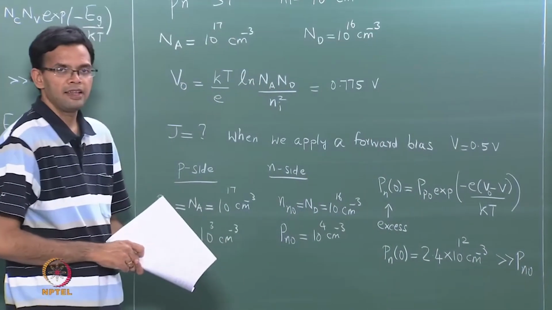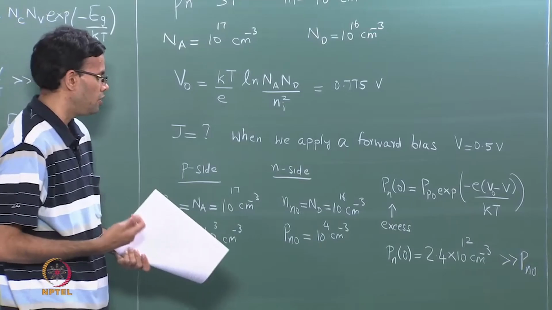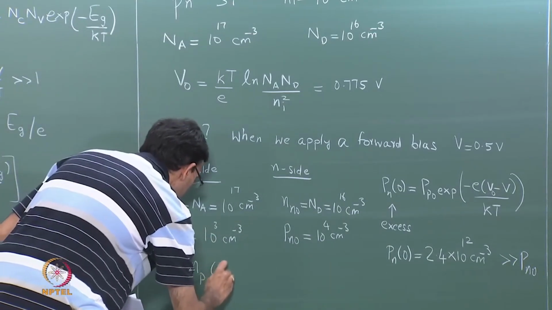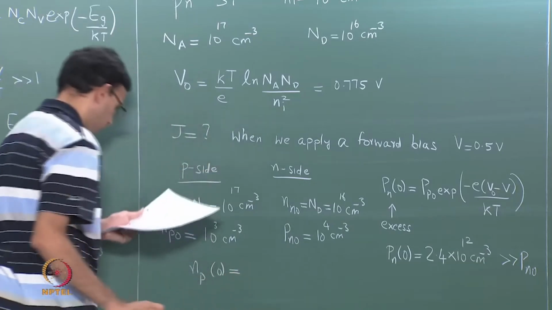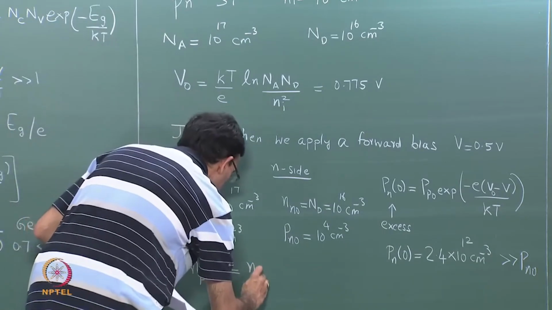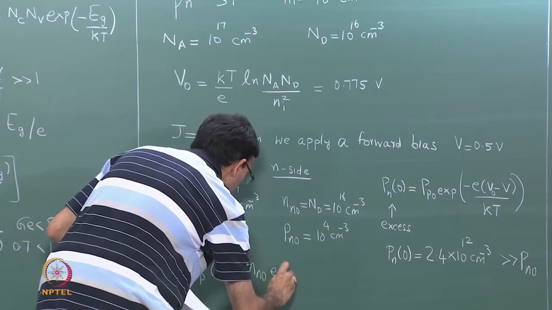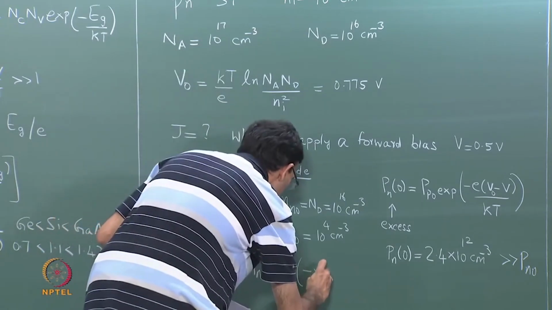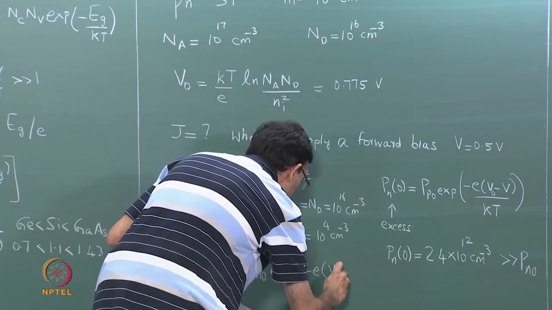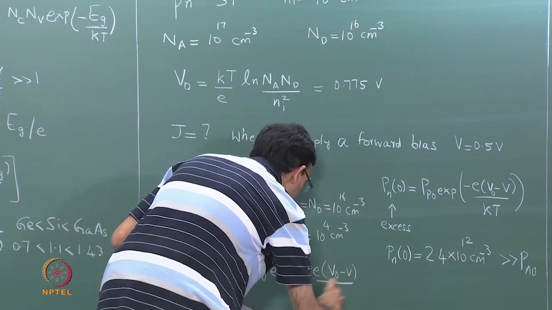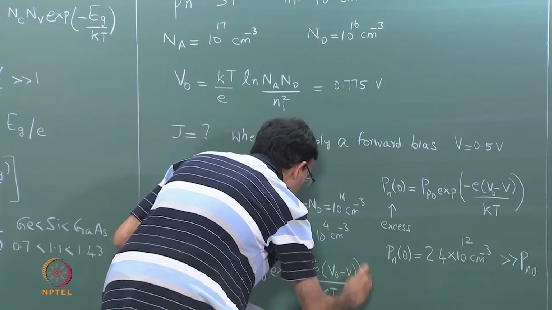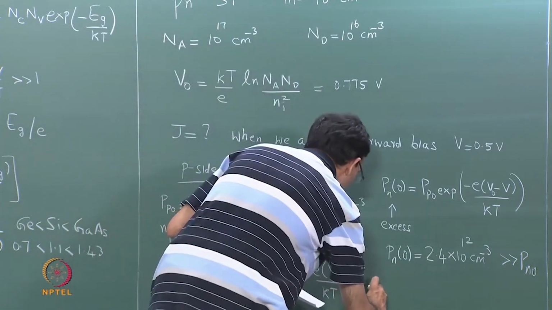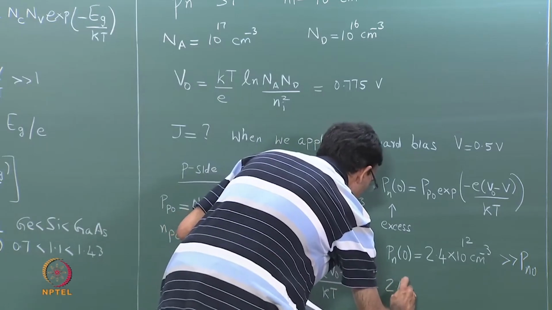Similarly, we can calculate the excess electrons on the p side. This is equal to 2.4.